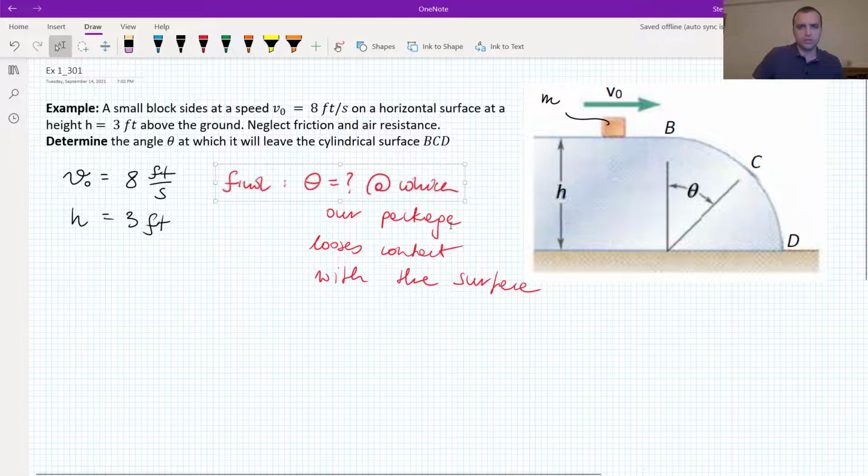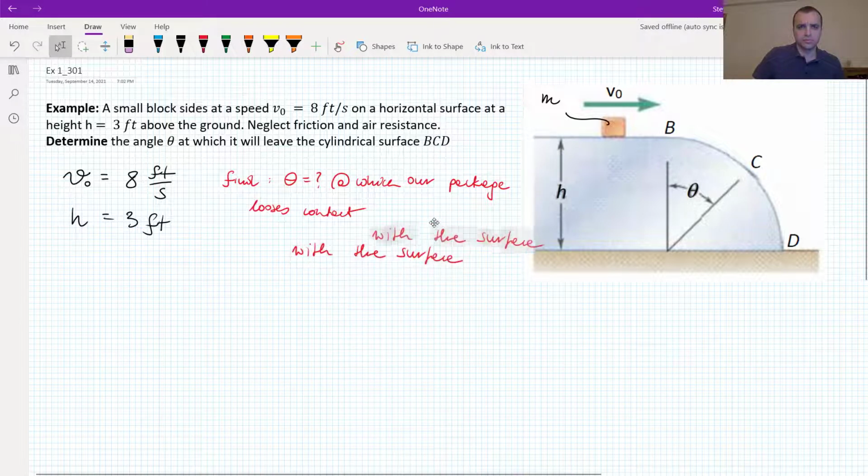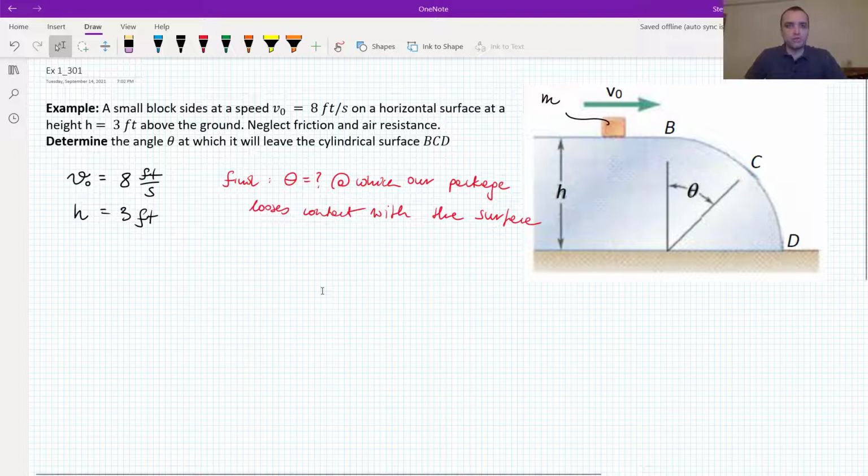I think I can arrange this in a better way. Okay, so now even though we haven't started the solution yet, I would like to ask you to pause the video right now and think about the requirement in our course for losing the contact with the surface.